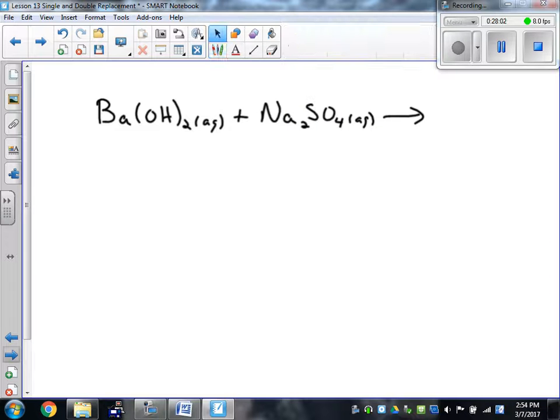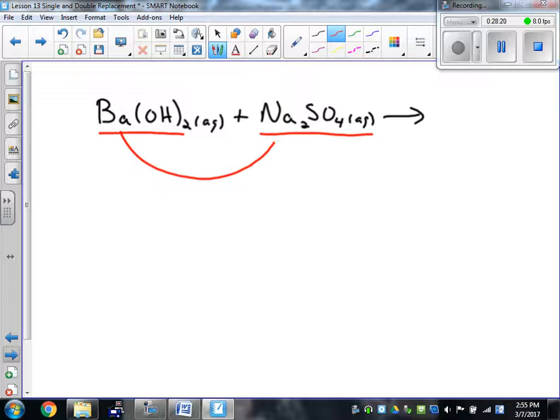So you'll notice here, first things first, ionic compound, ionic compound. Two ionic compounds. The cations, the metal parts, switch places. So barium is the metal, switches with the metal. Those two switch places.